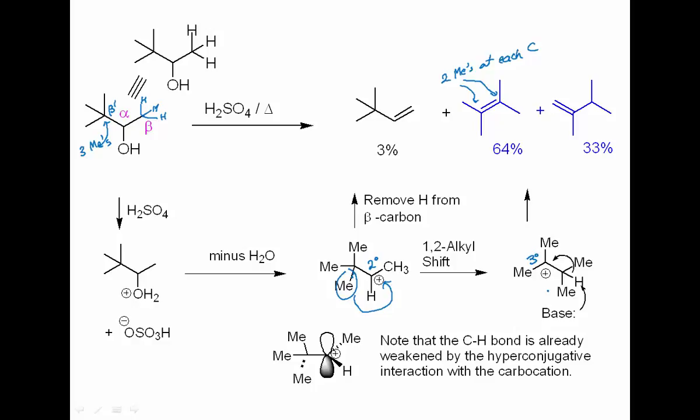Okay, so after this rearranges, we can take this hydrogen. Remember that it's actually been here the whole time. And that hydrogen is the one that actually goes away to make the final product.